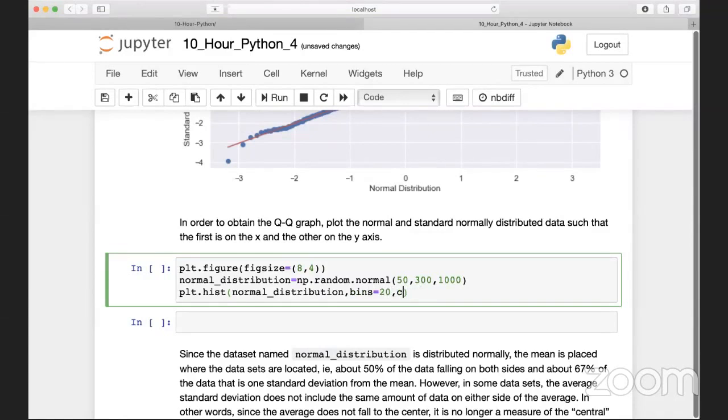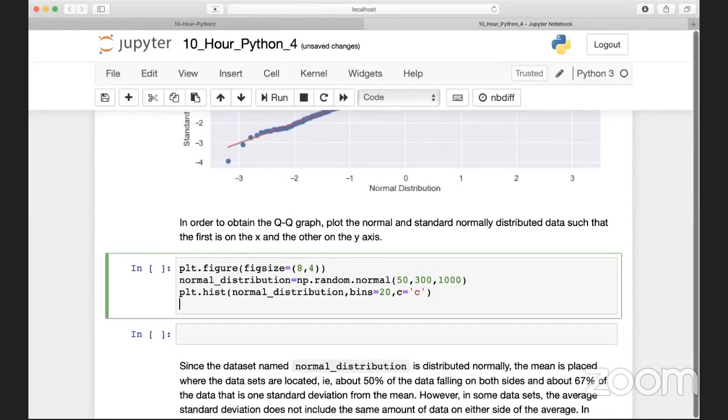Color c is, sorry, right, plt.axvline. So this code here draws the vertical line on your existing plot, the existing histogram. You declare the location of the vertical line.